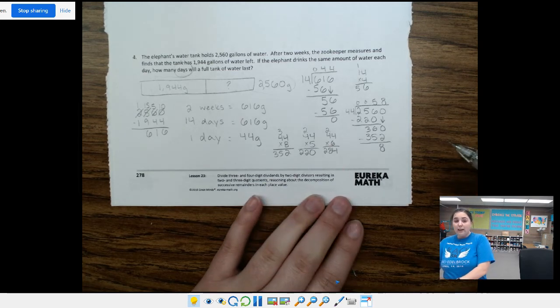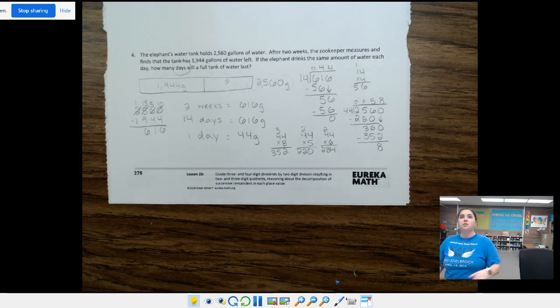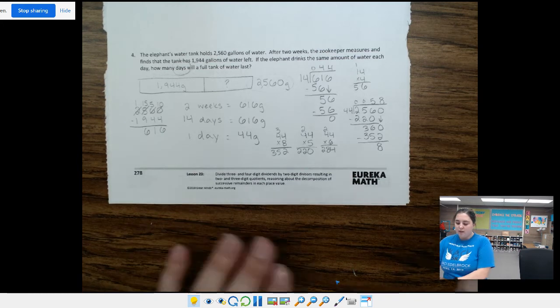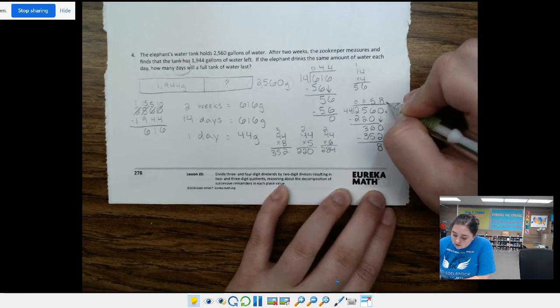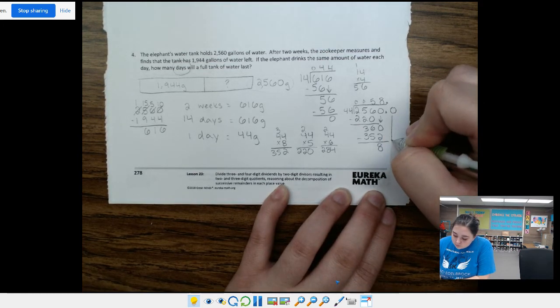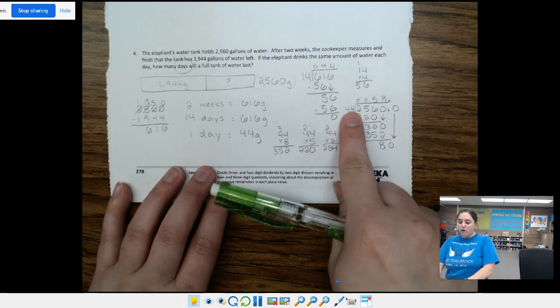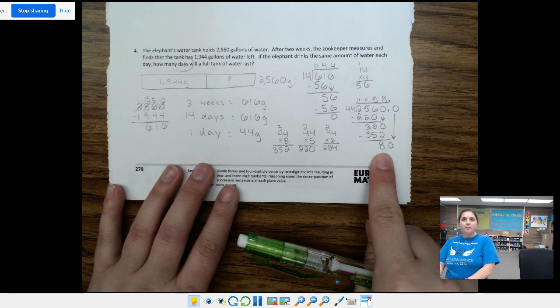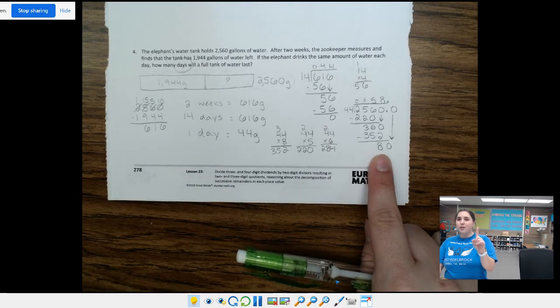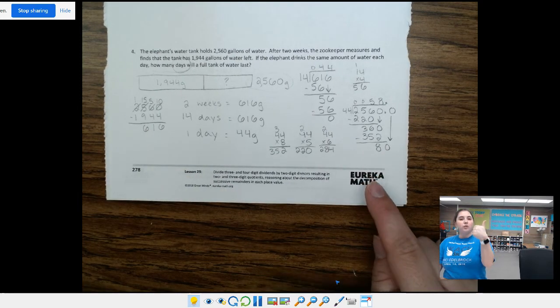I don't want to have remaining water. We want to use up the whole tank. So let's add our decimal and a 0. Bring it down. How many times can 44 go into 80? I think I can go in just once, because if I was counting by 44, 44, 88, which is too much.